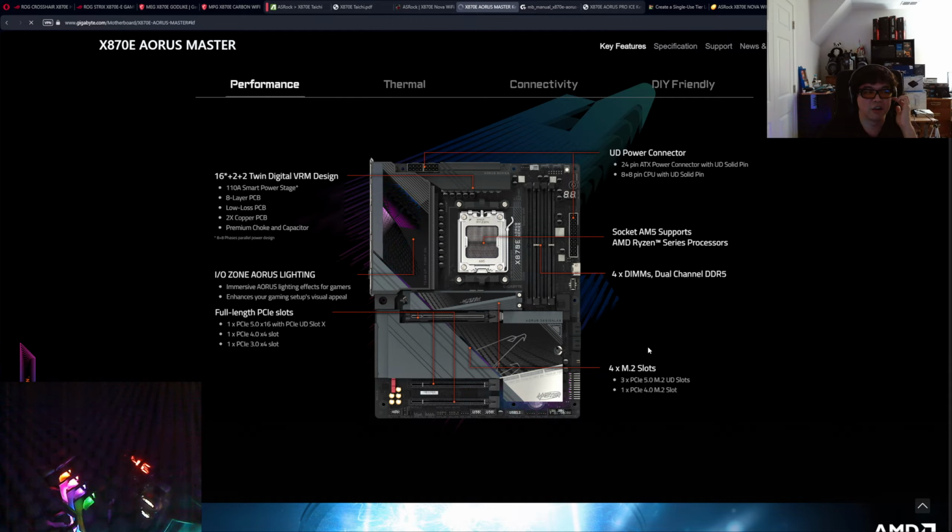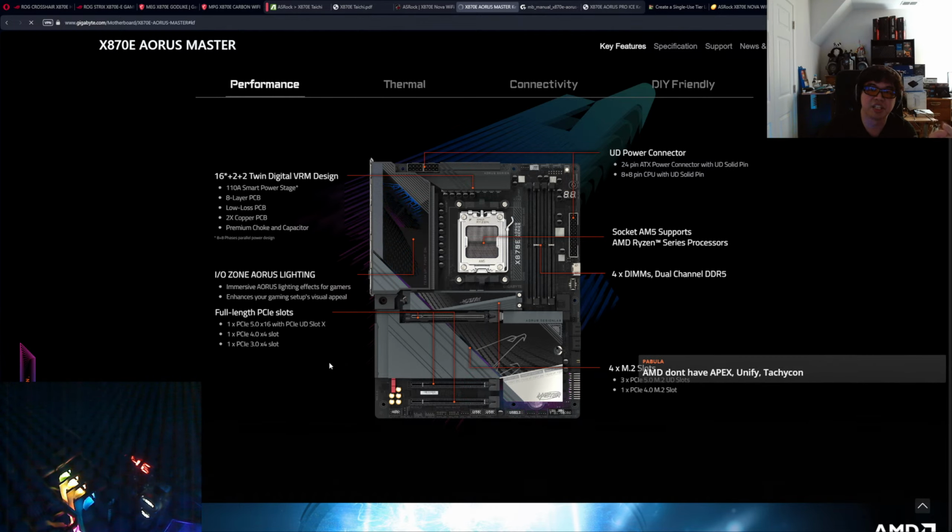Now, we don't know exactly what the lane count is on Intel, but if you're comparing Z790 to X870E, or even the previous X670E, AMD offered more Gen 5 lanes than Intel. The problem with Intel, with Z790 specifically, and this is probably another reason why I didn't use it for gaming, was that every single Z790 motherboard that offered a Gen 5 SSD took the lanes from the graphics card to offer that.